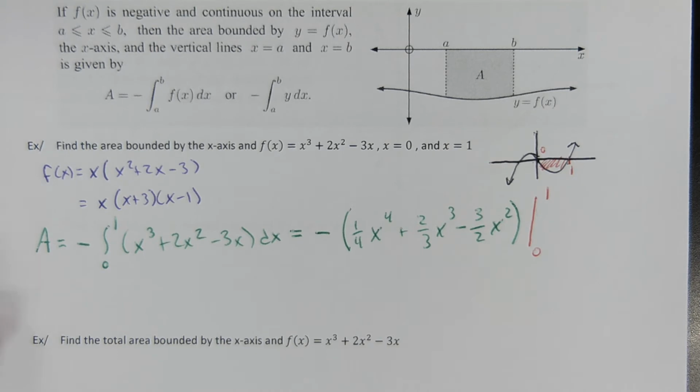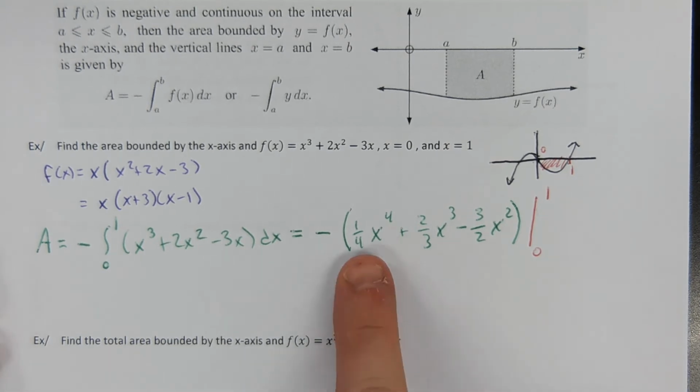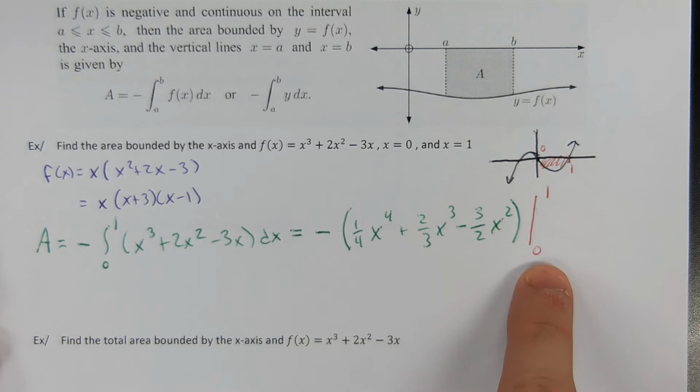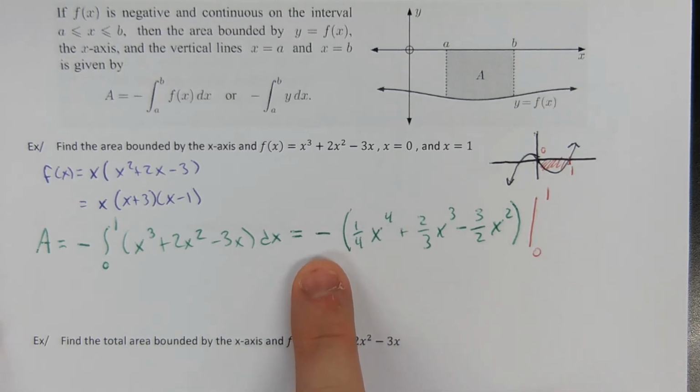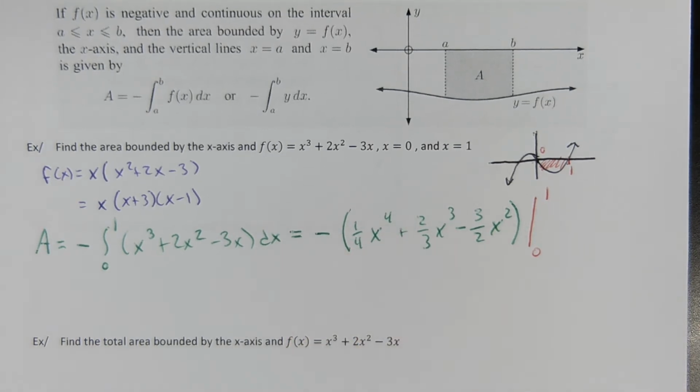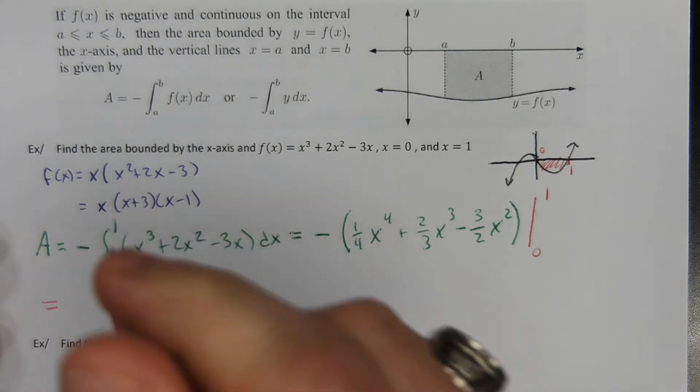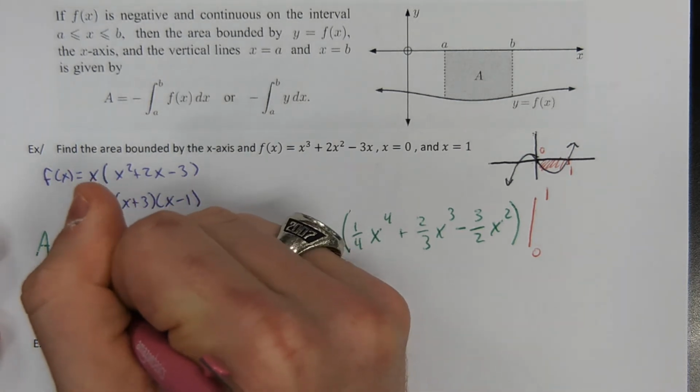All right, tell you what I'm going to do. I want to evaluate first, subtract, and then just multiply by negative 1. You guys cool with that? So equals. I'll do the negative sign afterwards.